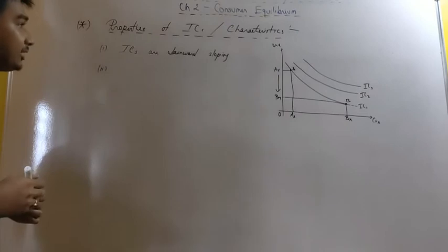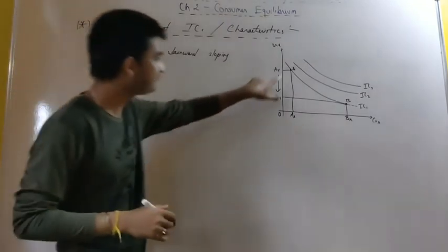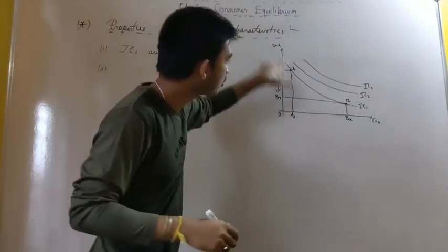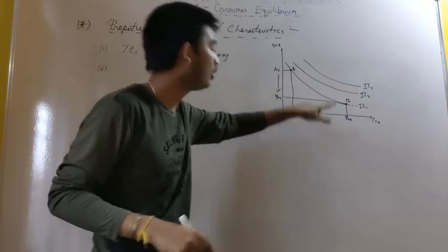The second thing we find is that the indifference curve is convex to the origin.